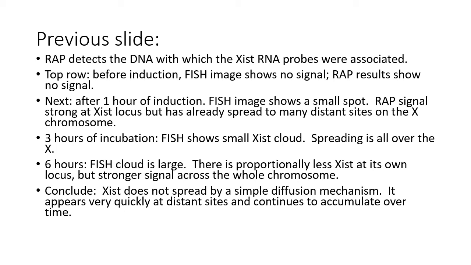Okay, so we can look at the DNA sequences to which it's bound, and we conclude that Xist is not spread by a simple diffusion mechanism because it appears very quickly at distant sites and continues to accumulate over time. So the simple diffusion model clearly doesn't work. Something involving the three-dimensional architecture of these chromosomes is needed to explain what is actually seen.